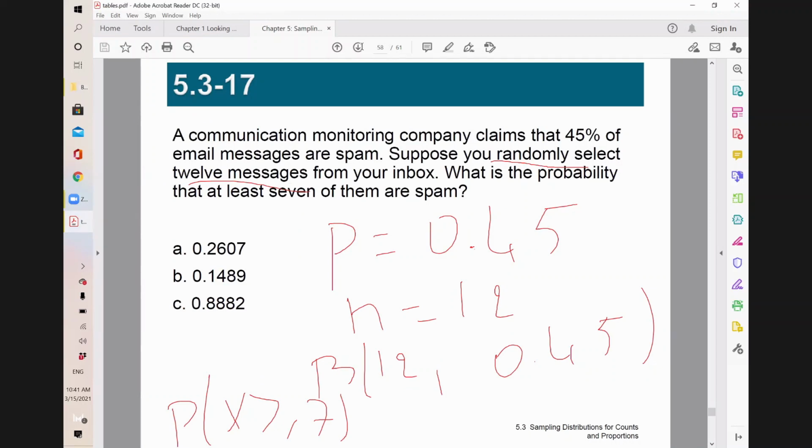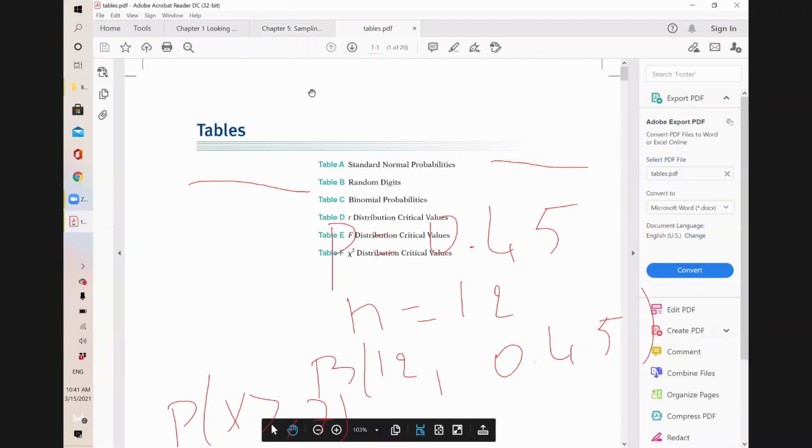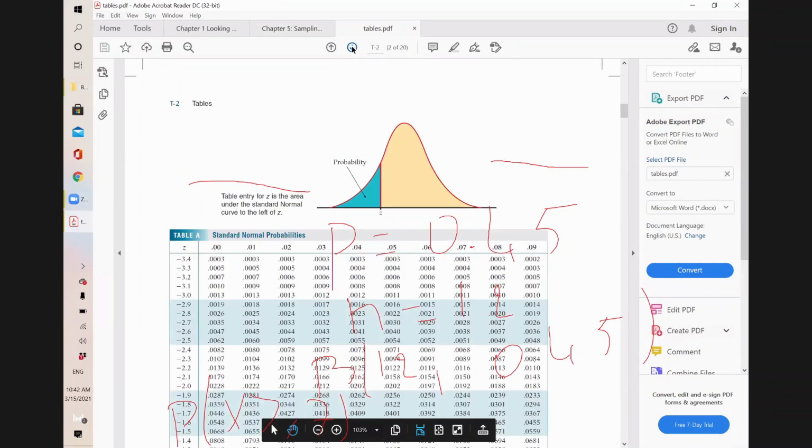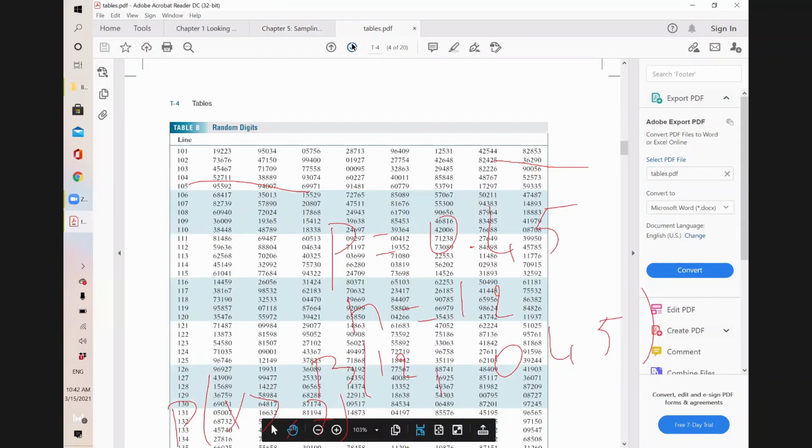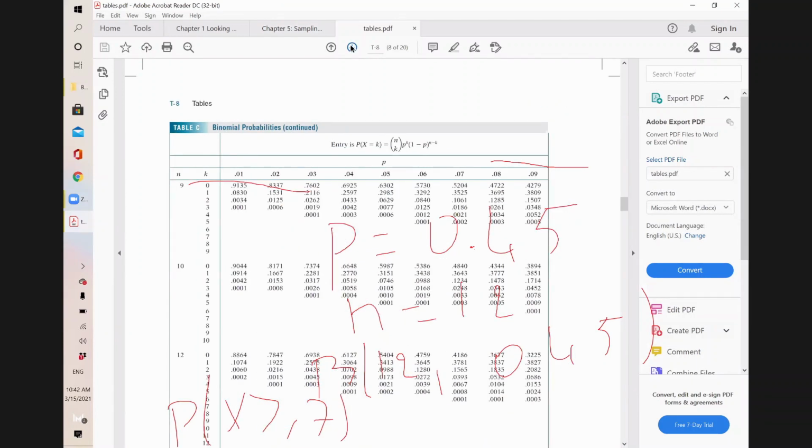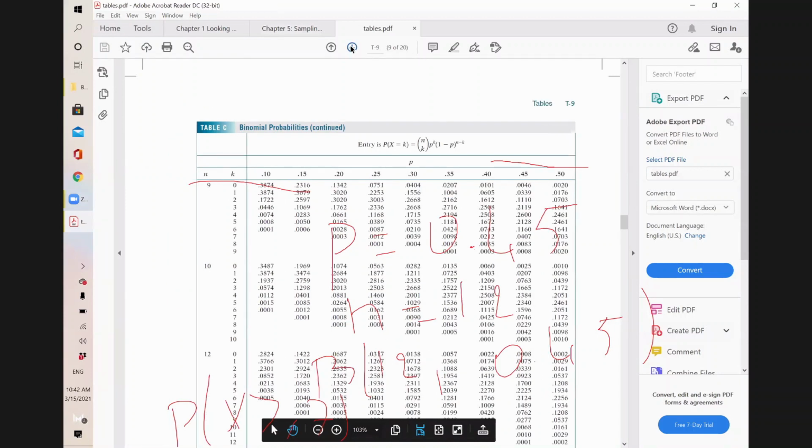In order to evaluate the probability of x more than 7, I can use the table. N equals 12, this is the binomial distribution. Once n equals 12, where is 12? This is 12. And p is equal to 0.45. We could use the binomial formula, but the problem, my friend, is that x at least 7 means x equals 7, 8, 9, 10, 11, 12, so we have to evaluate 6 expressions and then add them.